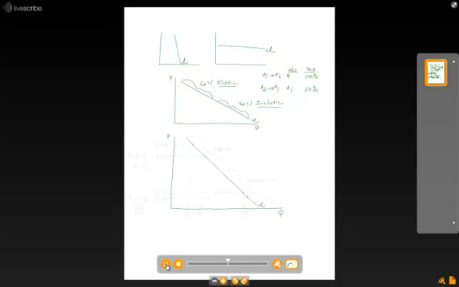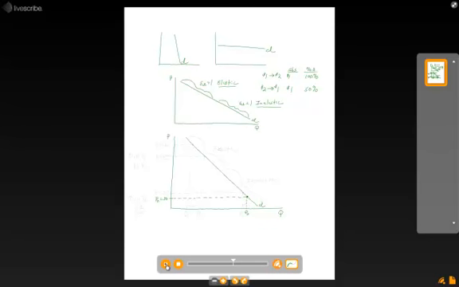Now, to make the numbers simple, let's say we have an initial price per gallon of 50 cents. So P naught is equal to 50 cents. And when we draw our line over to where it strikes our demand curve, that is the quantity being demanded at that price. We'll just call it Q naught.